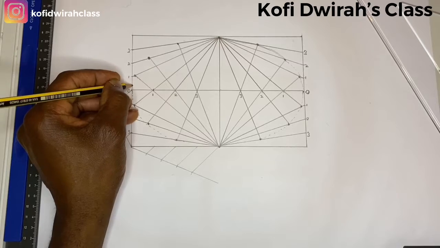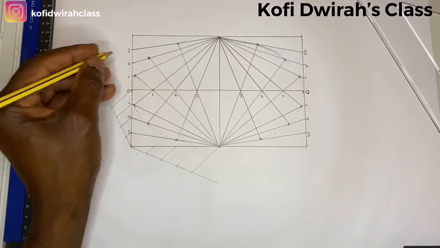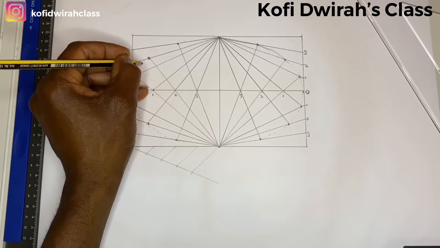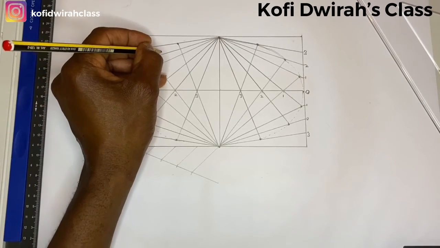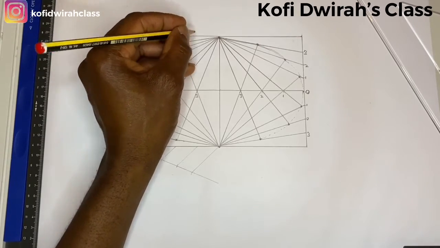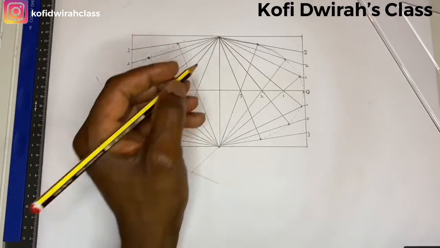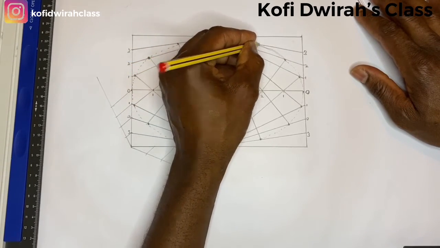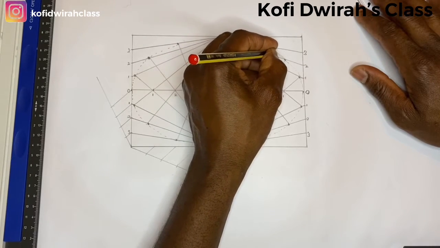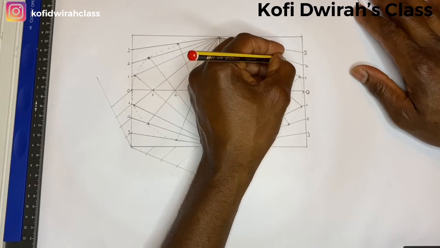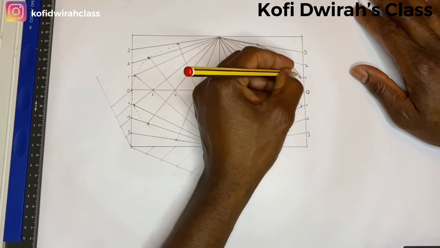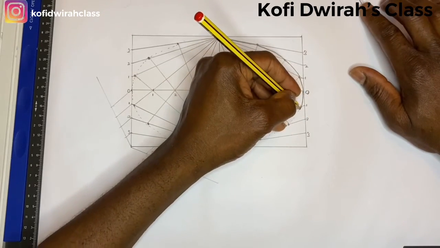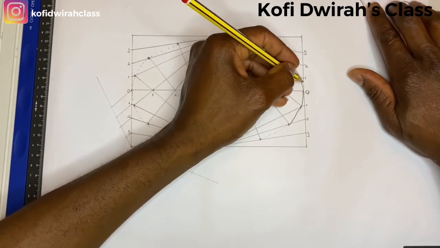The same way. Good. So let's draw it. After doing this, it goes like this. It's a free hand.